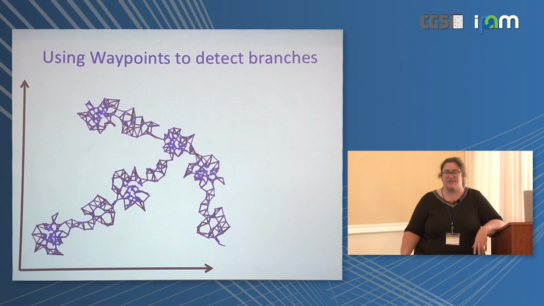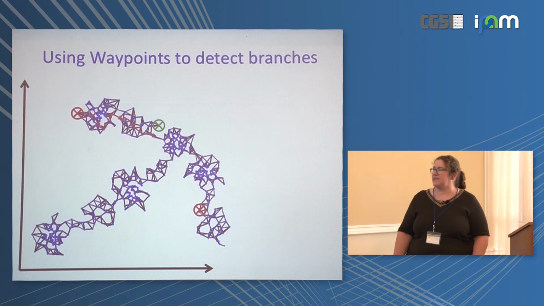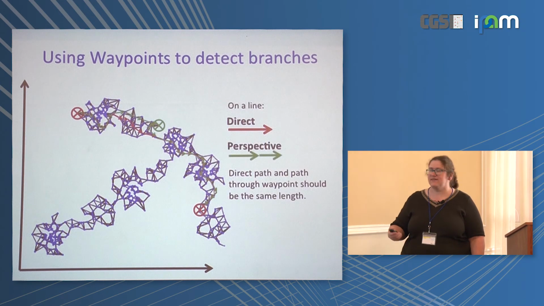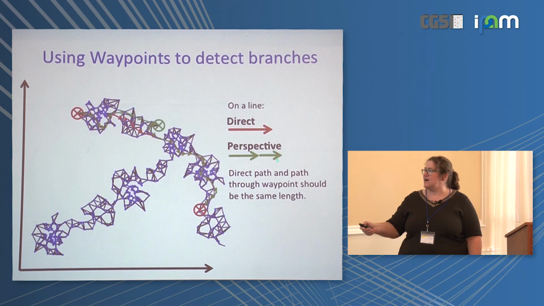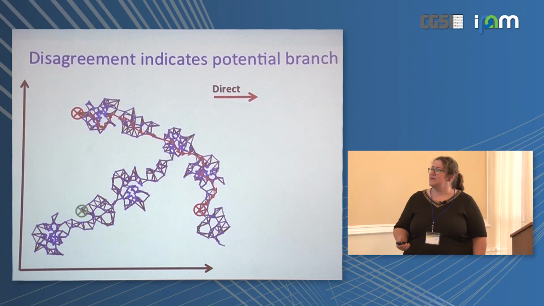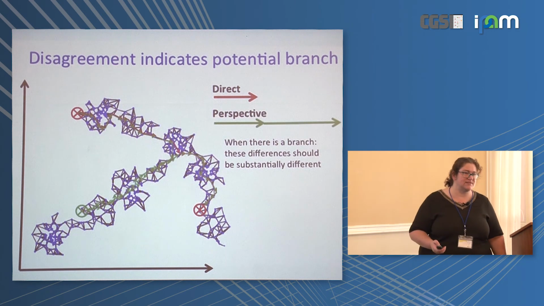So again, now we have one of these graphs with the bifurcation, and we can compare the distance directly, or through the waypoint: the distance to the waypoint, and then the distance from the waypoint to where we need to go. And if the waypoint is along the same branch, they should be more or less, up to some noise, similar. But if the waypoint is on a different branch, then there's going to be a big disagreement in the distance.